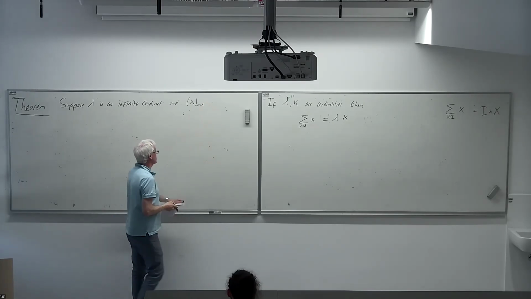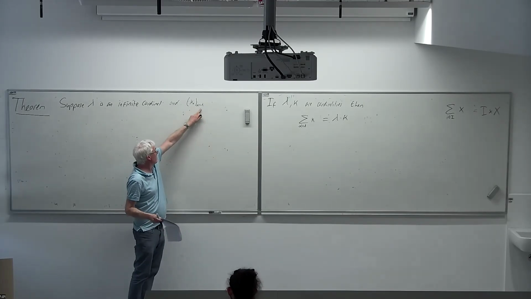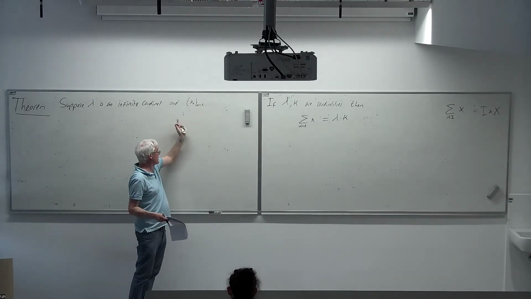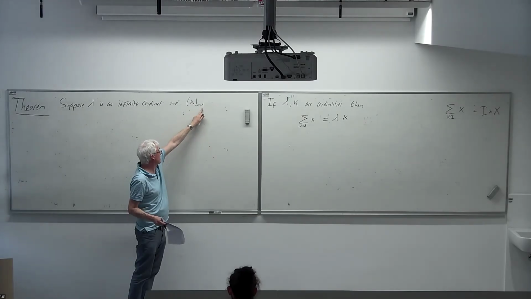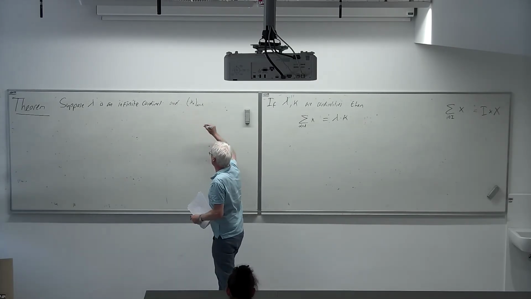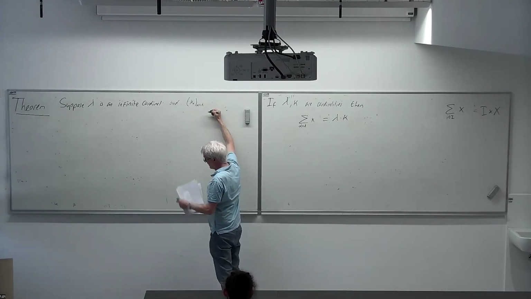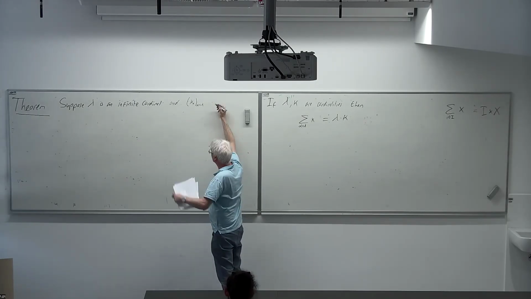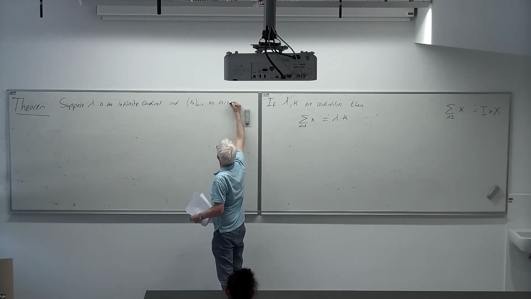We view lambda as the set of ordinals strictly smaller than it, which is the canonical set that has cardinality lambda. For every such smaller element alpha in the index set, we have the cardinal kappa sub alpha. We require all the kappa sub alpha to be non-zero, but they don't need to be infinite, they can be finite.